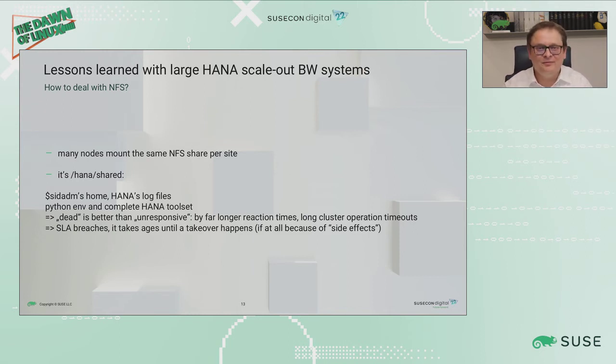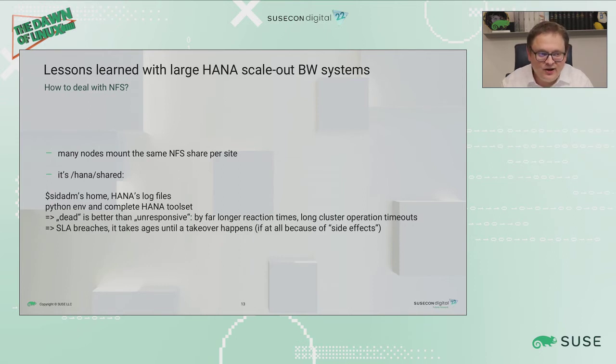As we all know, HANA Shared is in a scale-out cluster usually mounted on NFS, which means that the environment of SID-adm is on NFS, which means that all log files of HANA are written to NFS, that the whole tool set and the Python environment of HANA is on NFS, which means that we always need to know that the NFS share, one NFS share of course on each side, has to be available all the time, and we need to know whether it's not available.